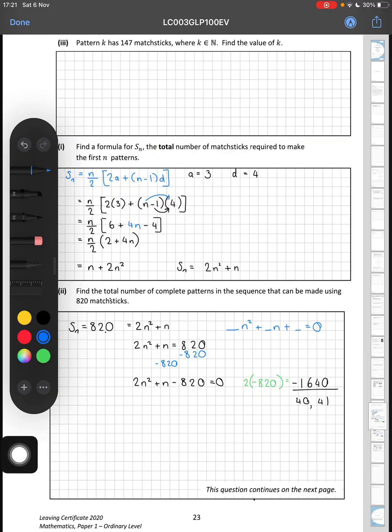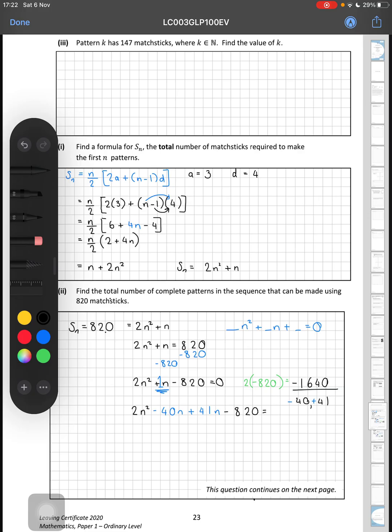So 1640 divided by 40, and I see that 41 multiplies by 40 to give me 1640. So that's the factor pair that I'm going to use. Now they're multiplying to give me a minus, so one needs to be a plus, one needs to be a minus, and I want them to add to give me a plus 1. So it's going to be a minus 40 and a plus 41. So I'm going to change in my equation that plus 1n to being minus 40n plus 41n.